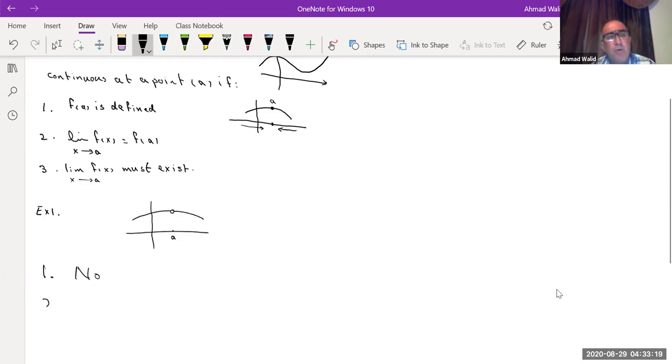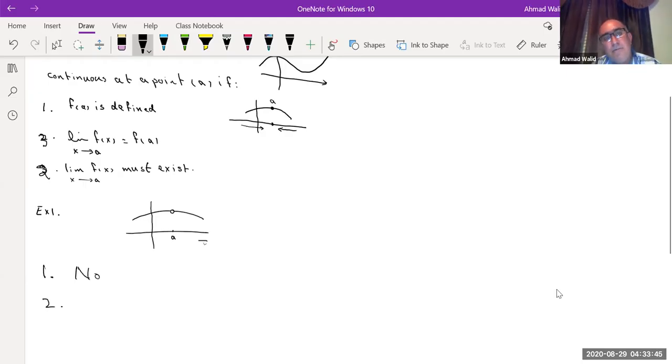Test number 2, I'll do all 3 tests on it. I put the numbers here not in order. Let's name this one test 3, and this one test 2: the limit of f of x must exist. Does the limit exist?